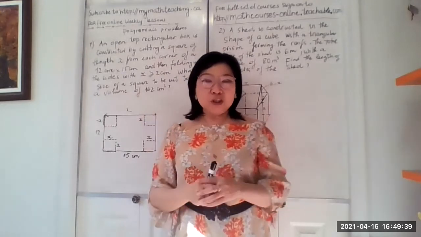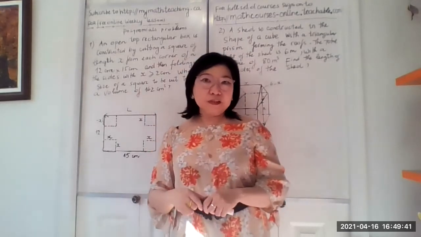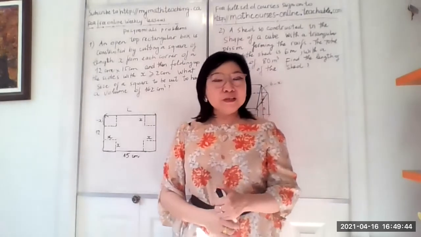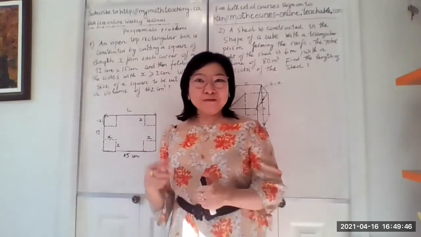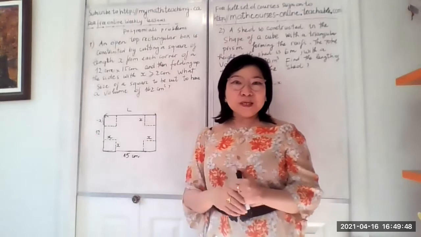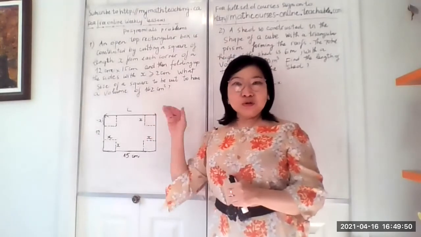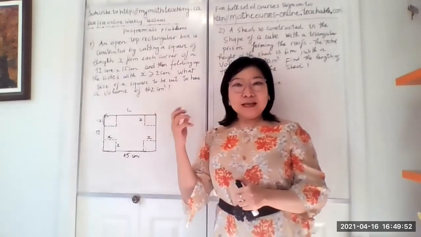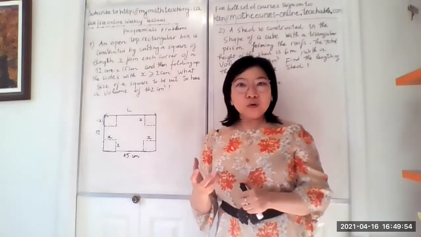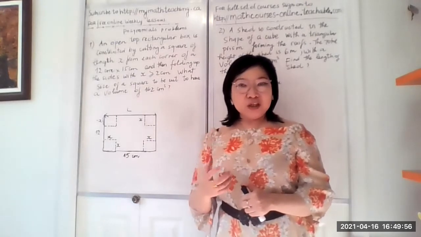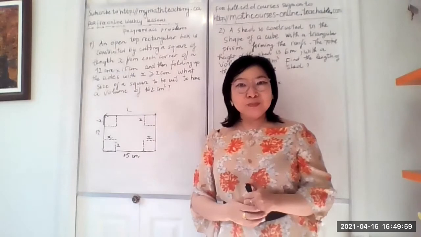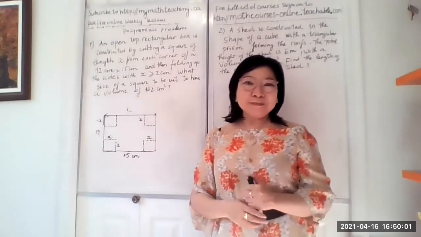After you set up the function, you can use synthetic division or long division that I showed you before and figure it out. But the main point is how we are able to interpret the word problem and model our own function based on the problem so we can solve it easily.